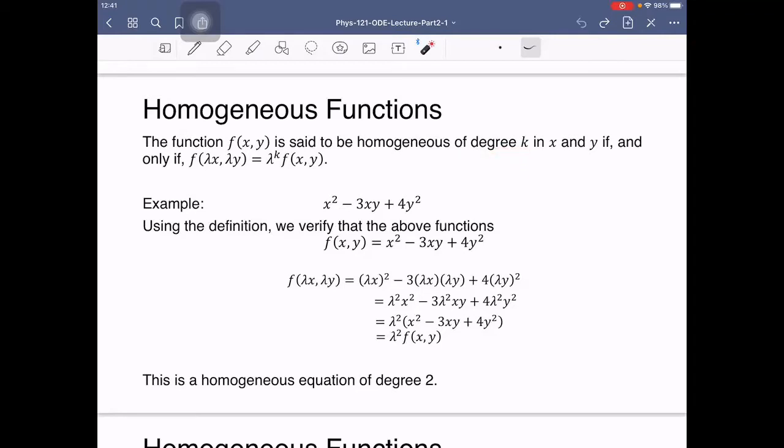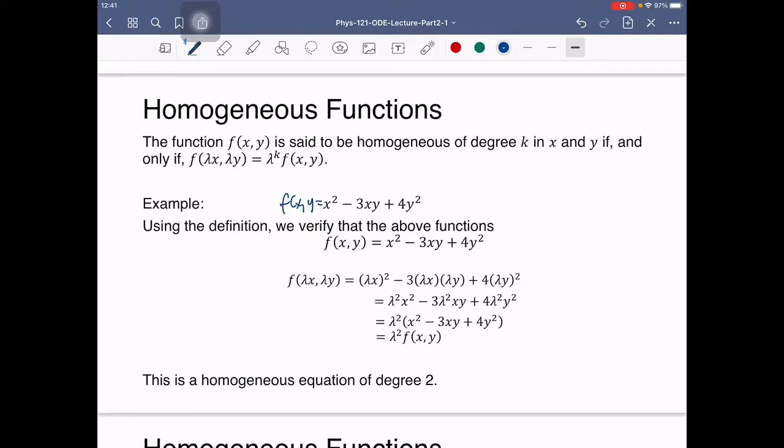So let's have an example. So pwede natin isulat na f of xy ito. So we have f of xy is equal to x squared minus 3xy plus 4y squared. So using our definition, let's see if this is a homogeneous function.